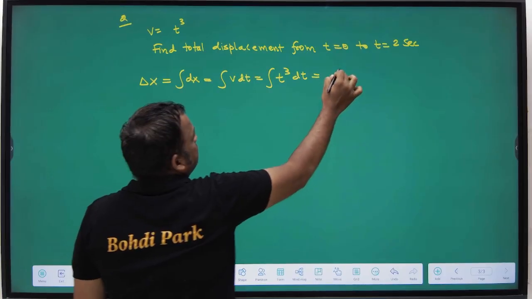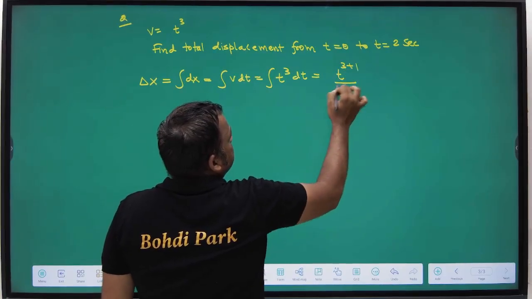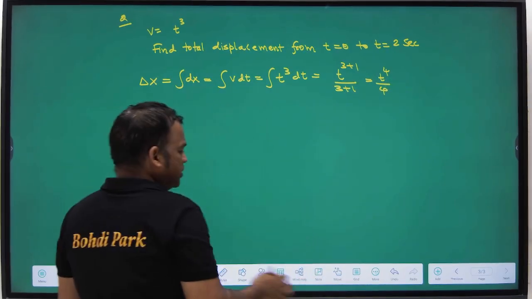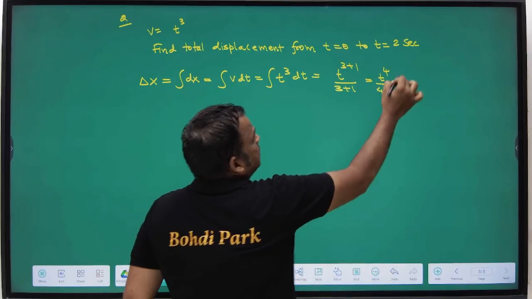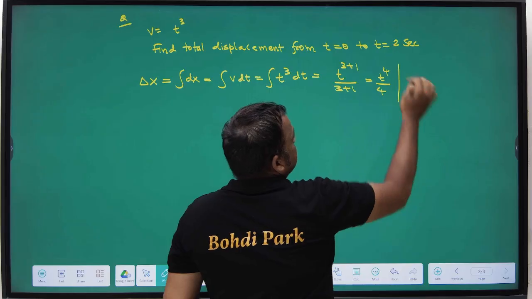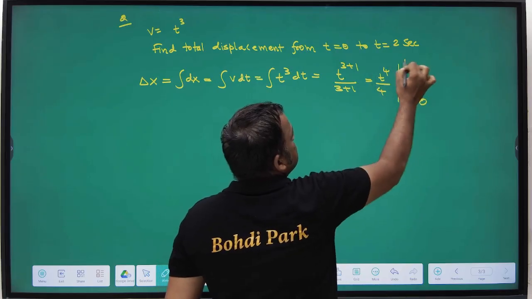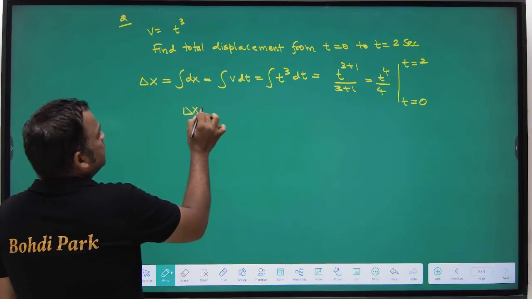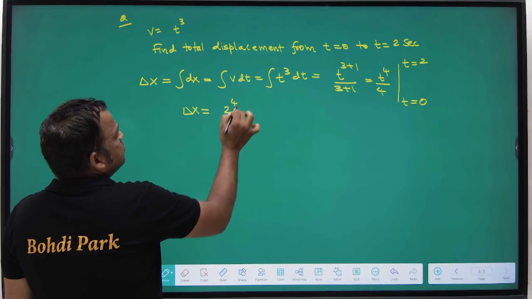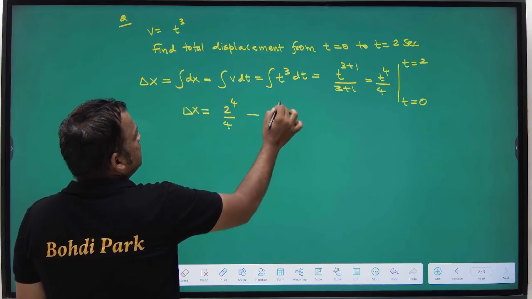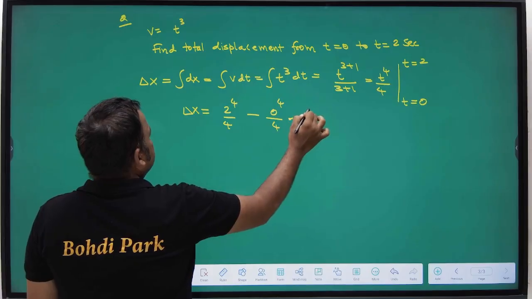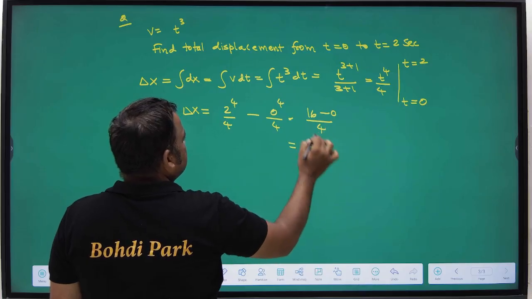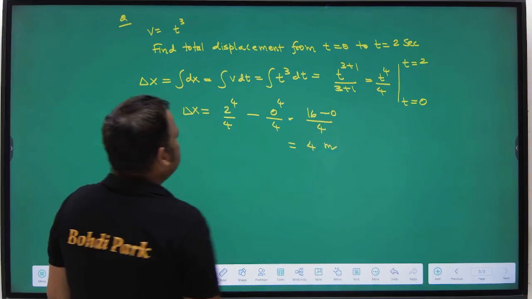So that will be equal to t raised to 3 plus 1 by 3 plus 1, which is t raised to 4 by 4. Now we will substitute the limits of time, which is t is equal to 0 to t is equal to 2. So we have delta x is equal to 2 raised to 4 by 4 minus 0 raised to 4 by 4. So that is 16 minus 0 by 4. So that is equal to 16 by 4, which is 4 meter.